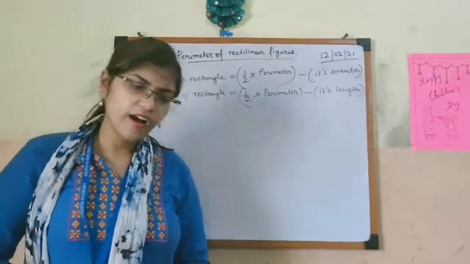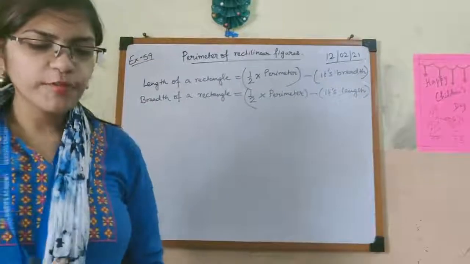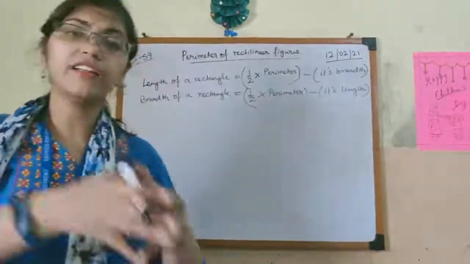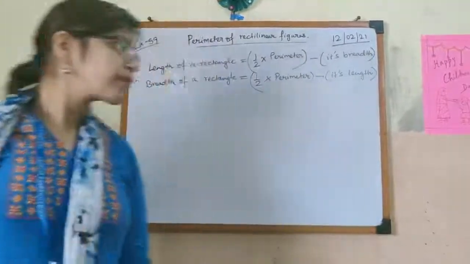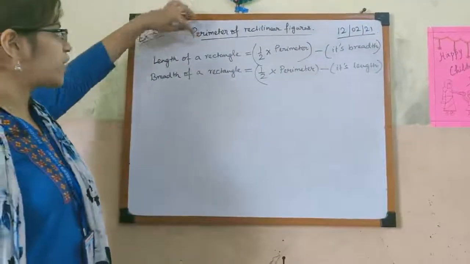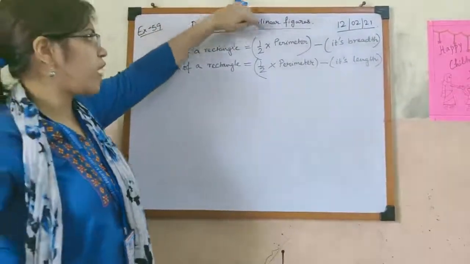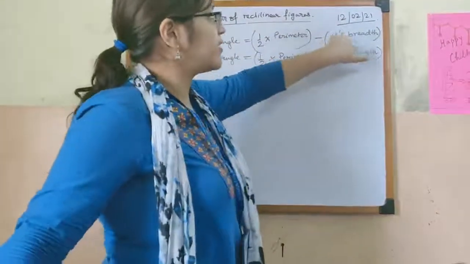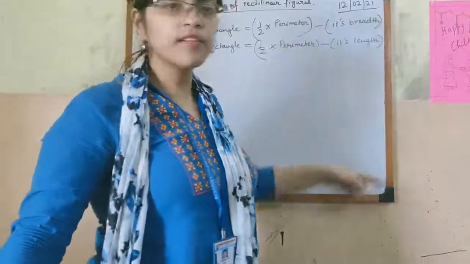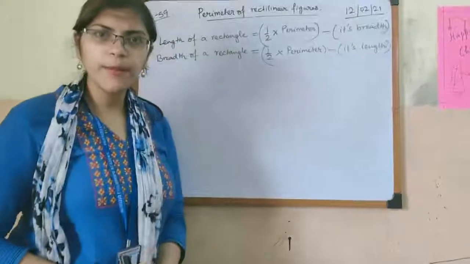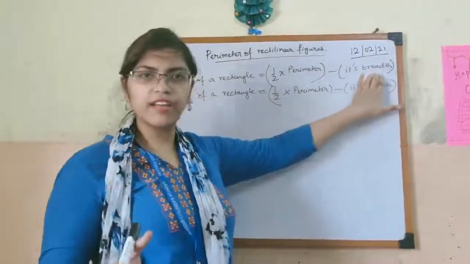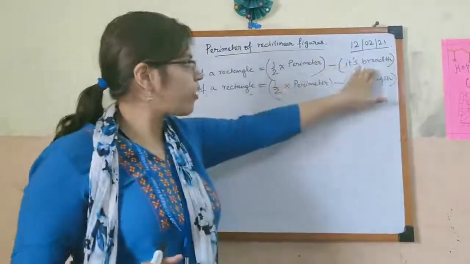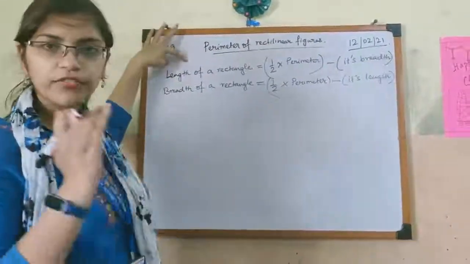Now the next one, sum number 12. Before doing sum number 12 and 13, there is another formula I want to tell you. The first one: length of a rectangle is equal to half into perimeter minus its breadth. Its meaning is, if in a rectangle the perimeter and the breadth are given, then we can use this formula and find the length of the rectangle.